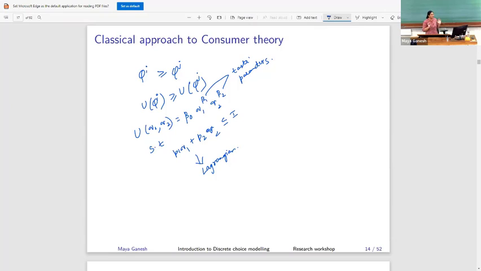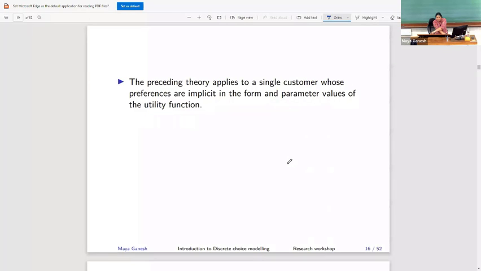Now, what does this classical economic theory assume? In this case, the preferences are implicit in the form. When I wrote beta 1, beta 2 in that utility form, they're implicit in the form and the parameter values of the utility function.